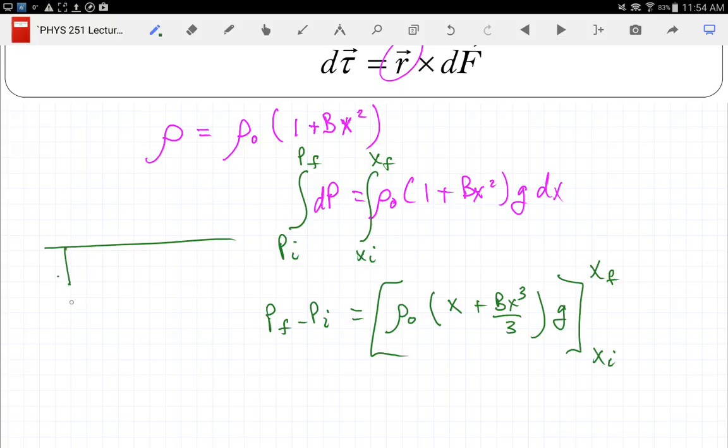And so then I would be measuring my x down this way. And so I would set my x initial equals 0, assuming I start at the surface, and pressure initial is equal to 1 atmosphere. And then I would have my pressure final somewhere down here at x final.